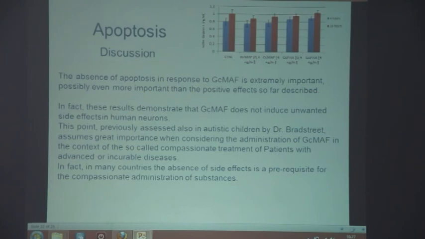This point, previously assessed also in autistic children by Dr. Bradstreet, assumes great importance when considering the administration of GcMAF in the context of the so-called compassionate treatment of patients with advanced or incurable disease. In fact, in many countries, the absence of side effects is a prerequisite for the compassionate administration of substances.